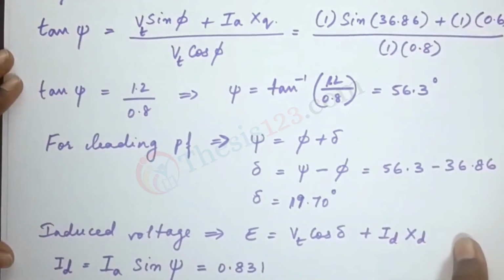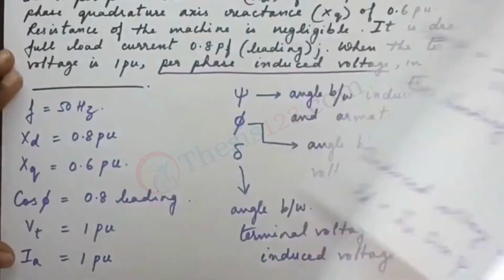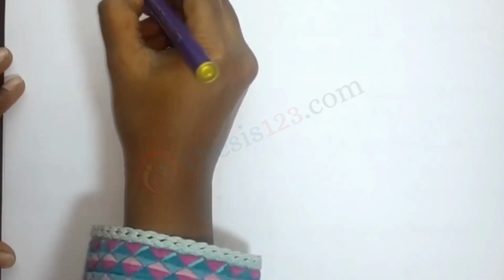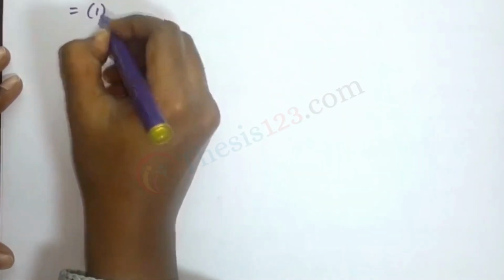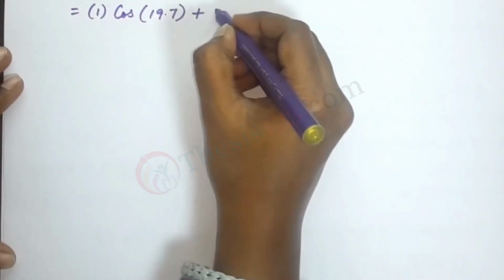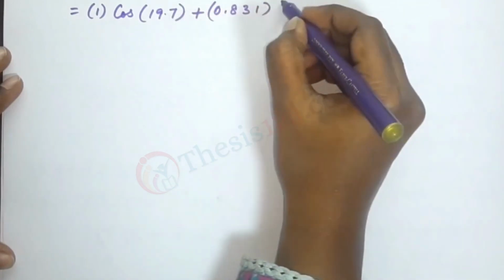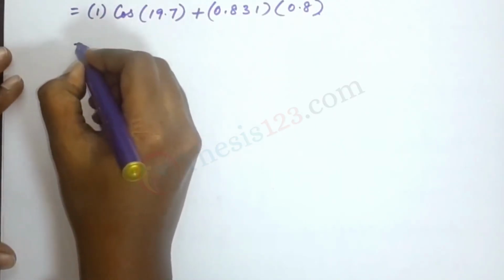I'll just flip this sheet over so that I can write down that portion as well for you. So we have E is equal to Vt cos delta plus Id Xd. Vt is 1, cos of 19.7 plus Id is 0.831, Xd is 0.8.